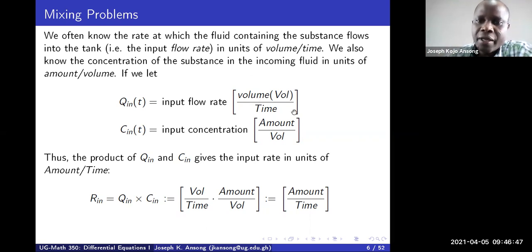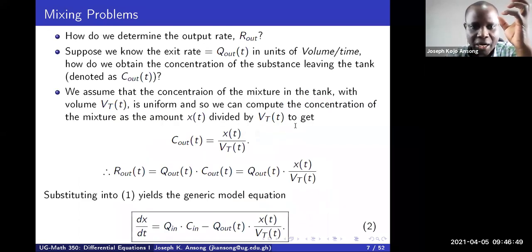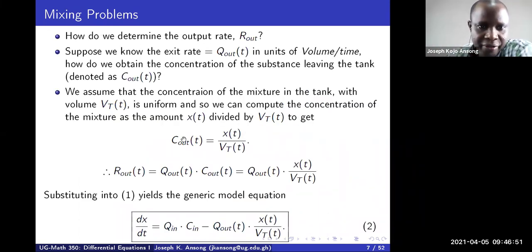Let's say V T here is the volume of the tank, and we know the volume of the tank at each time. Then C out, the concentration that is going out, will be the amount within the tank divided by the volume of the tank.